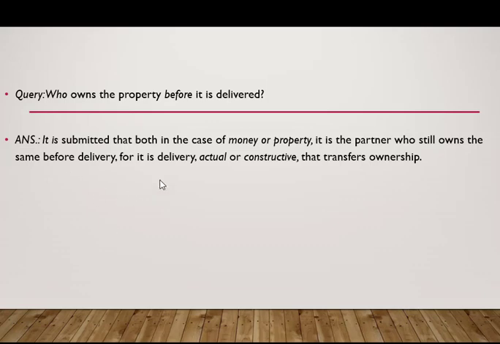Who owns the property before it is delivered? Technically, in case of money or property, it is the partner who still owns the same before the delivery, for it is the delivery, whether actual or constructive, that transfers ownership.